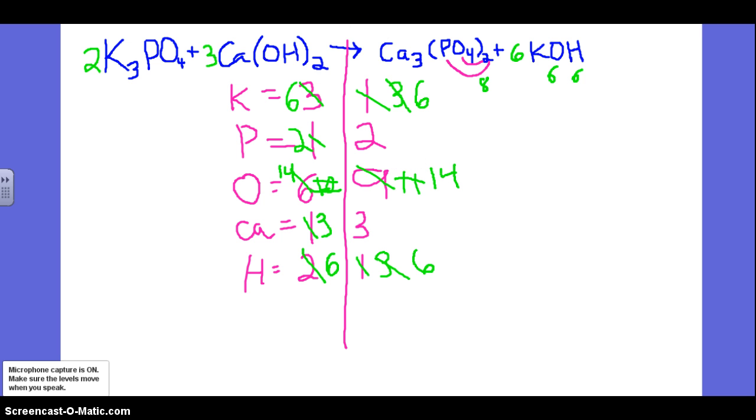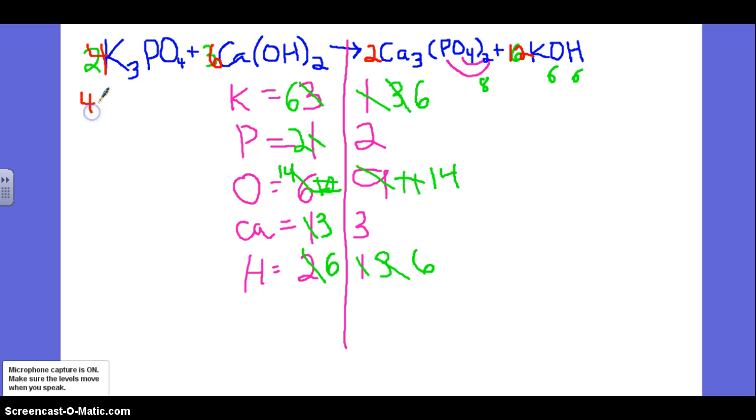So if you do this wrong, you might have accidentally gotten something like, I'm going to write an orange or red over here, a 4 and a 6 and a 2 and a 12. If that happens, when you're done, check your work and see if your coefficients are able to reduce.